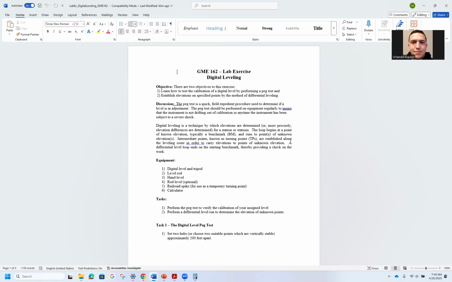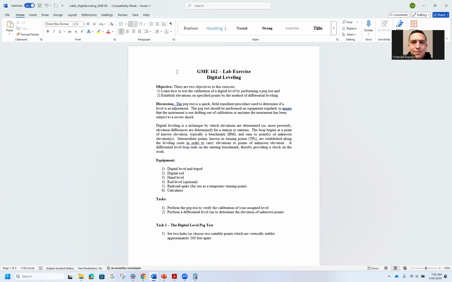The biggest thing is to make sure you have actually leveled your digital level, and this needs to be a digital rod, not a log.